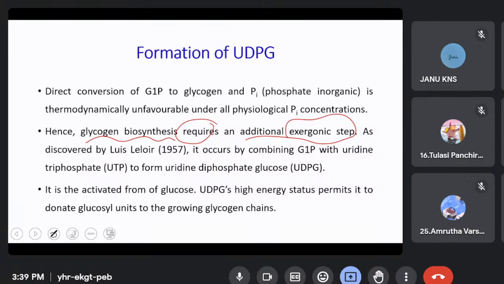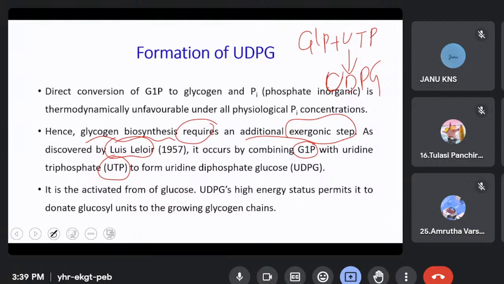It was discovered by a scientist called Louis Leloir, that it occurs by combining glucose 1-phosphate with uridine triphosphate, so that it is converted into uridine diphosphate glucose.